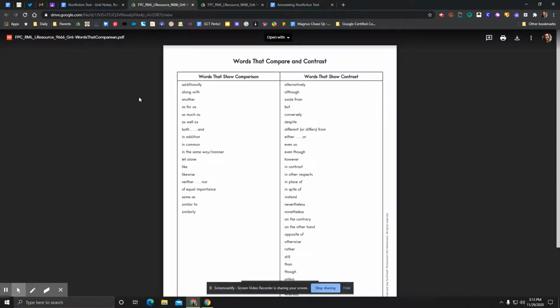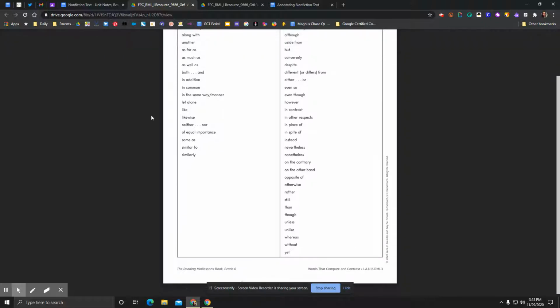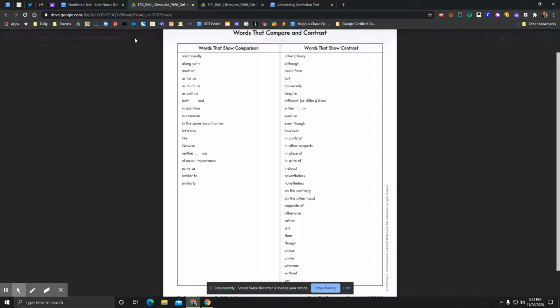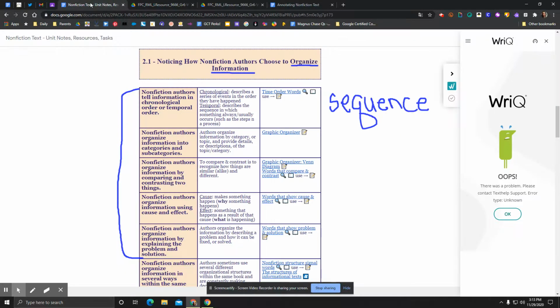And some of those key words can be found in this chart that help us know if they are comparing or contrasting. And remember, you can also use these in your own writing as an author. So we can compare is to recognize how things are similar, and contrast is to recognize how things are different.